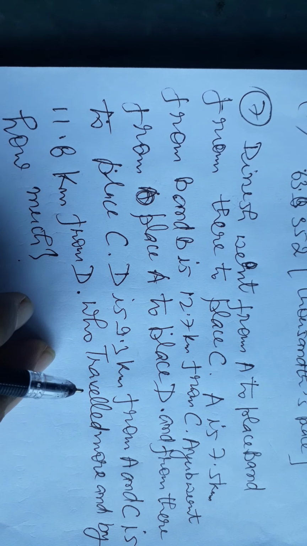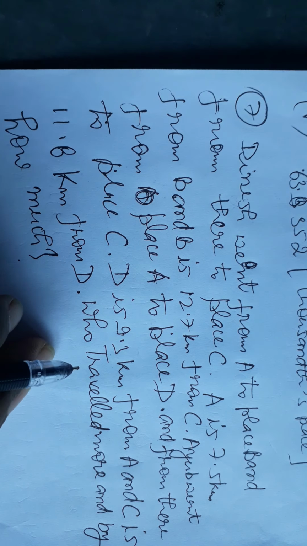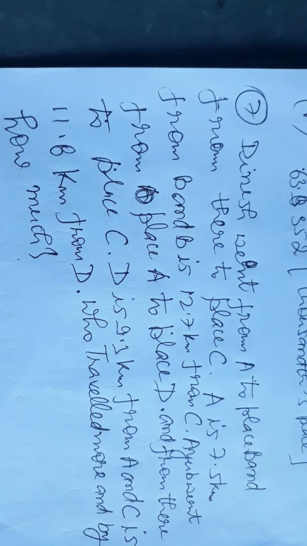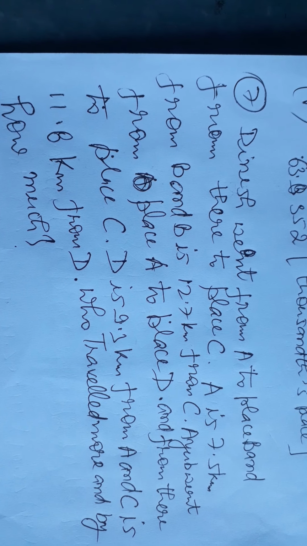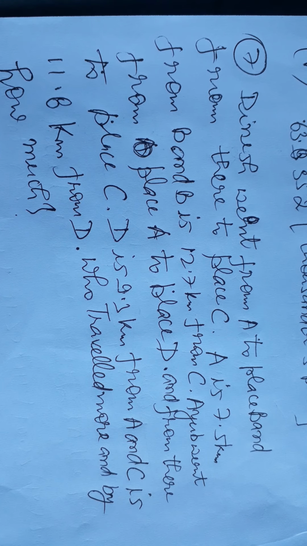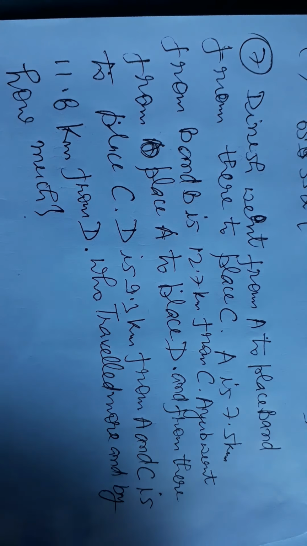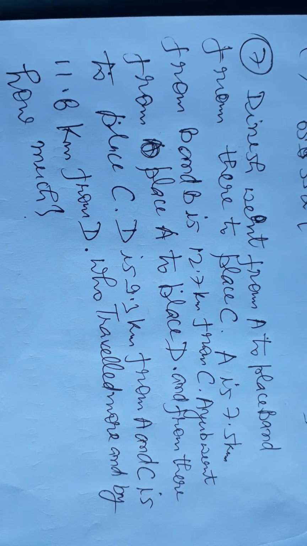Okay, so listen, we will now go for calculation. If you are not able to understand this question or feel any problem, you can make a comment and we will make a separate video. I am going to solve it now.